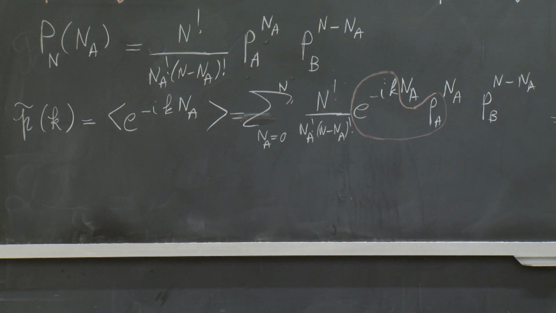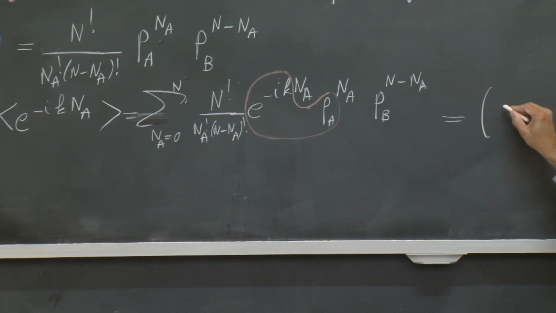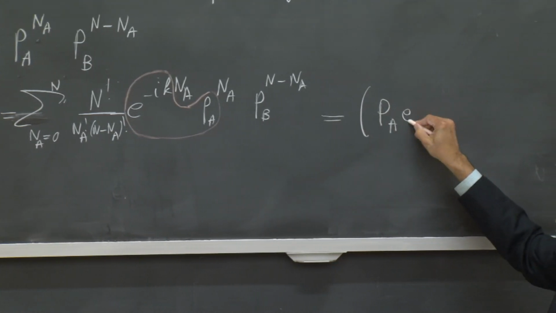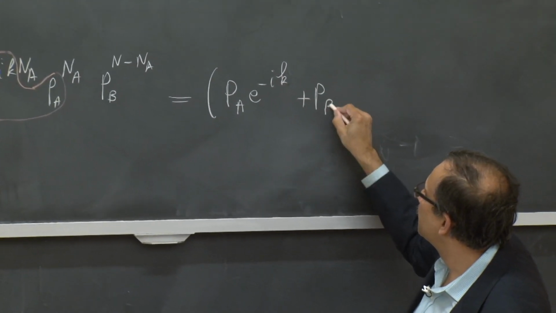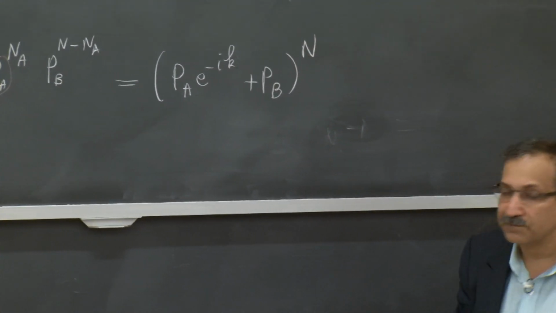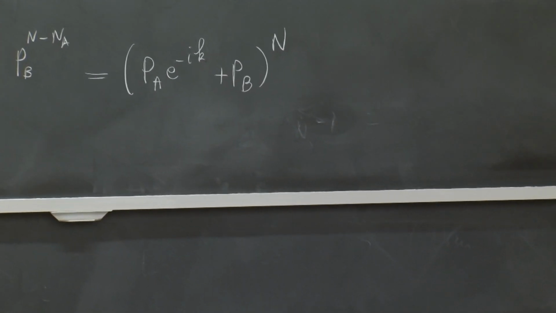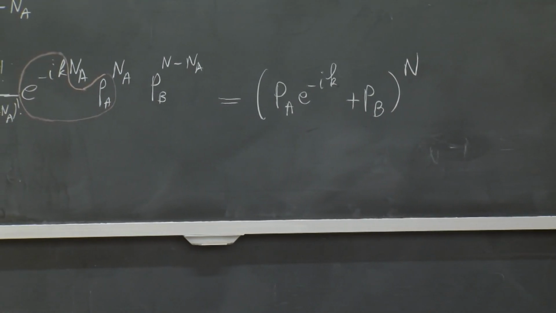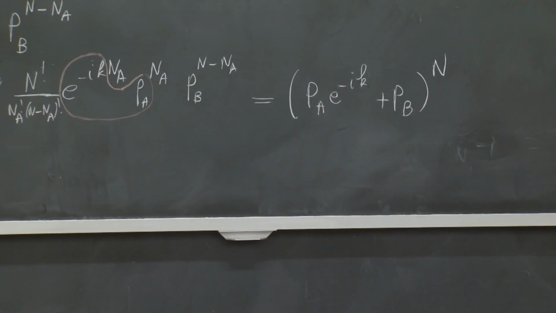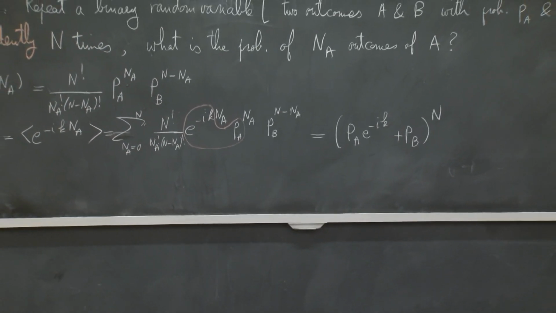So this is just the definition of the binomial expansion of PA e to the minus ik plus PB raised to the power of n. Okay? And again, let's check. If I set k equal to 0, I have PA plus PB, which is 1 raised to the power of n. So things are OK. So this is the characteristic function.